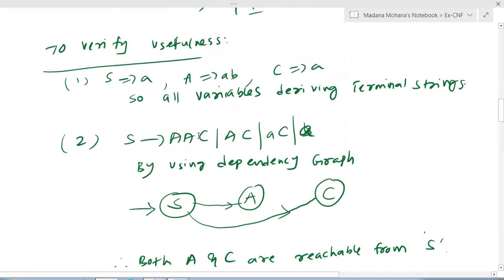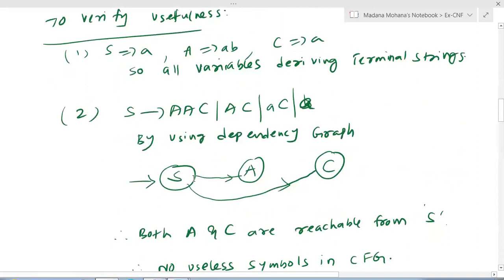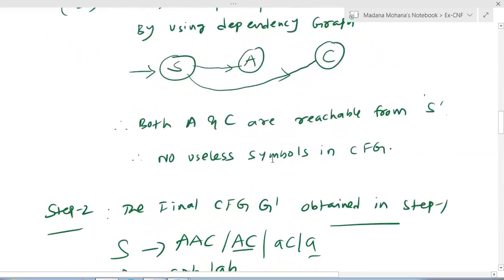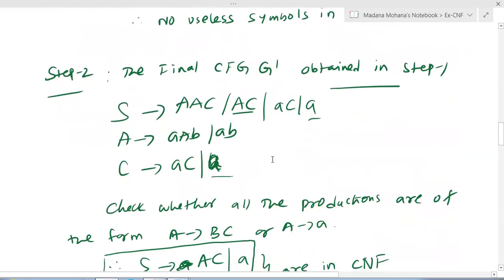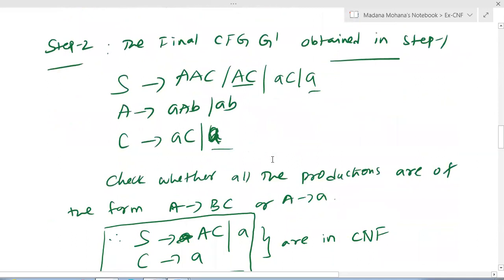Now S derives AAC or AC or AC or A. In the dependency graph, the variable A is derived from S, and the variable C is also derived from S. That means there are no variables which are not reachable from the starting variable S. Therefore, no useless symbols in the context-free grammar. Now after applying step 1, proceed to step 2. The final CFG G dash obtained in step 1 is the final resultant grammar of step 1. Check out whether all productions are of the required form or not.